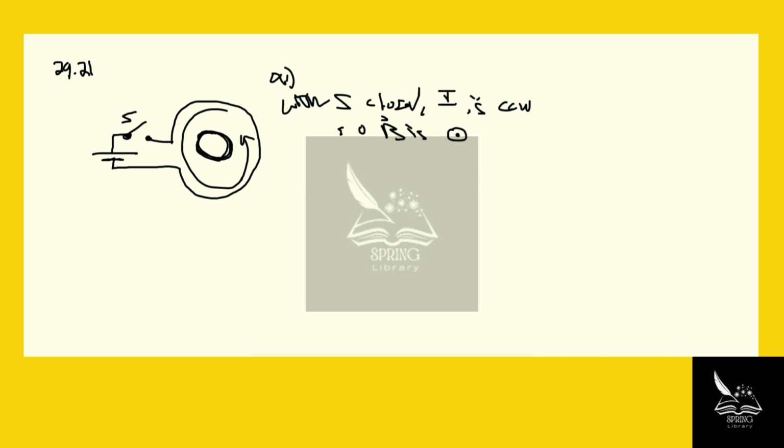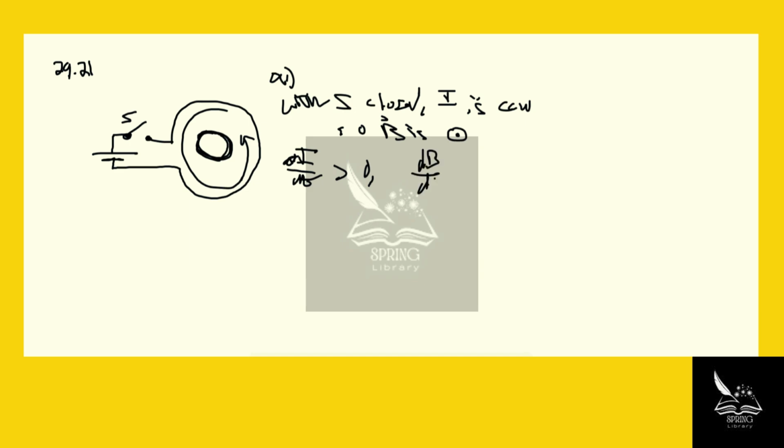Okay, so part A asks us to figure out the direction of the induced current just after the switch is closed. Since we start with an initial current of 0 with the switch open, the change in current is greater than 0.